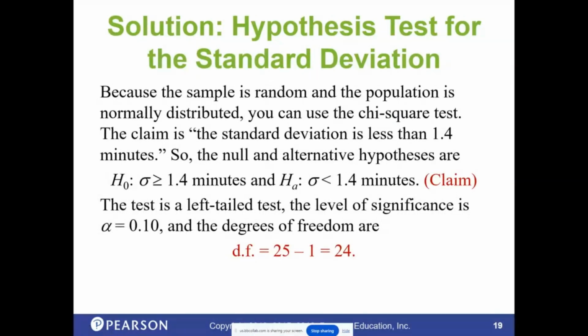So the test is left-tailed. The level of significance is 0.10, and our DF is 24, 25 minus 1 gives me 24. So if this is a left-tailed test and alpha is 0.10, what value do I need to look up in my chart? 0.9, because you're going to subtract that from 1. So I'm looking at 0.9 and 24.